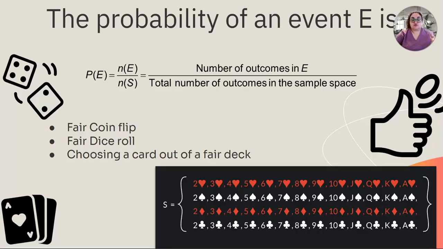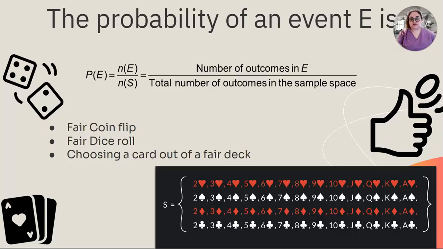And there's 1 of each number in each suit, so you can have 4 2s. So the probability of pulling a jack out of a deck of cards, there are 4 jacks out of the total 52 cards, and then you reduce that to 1 out of 13. So the probability of fanning out a deck of cards and pulling a jack is 1 out of 13.